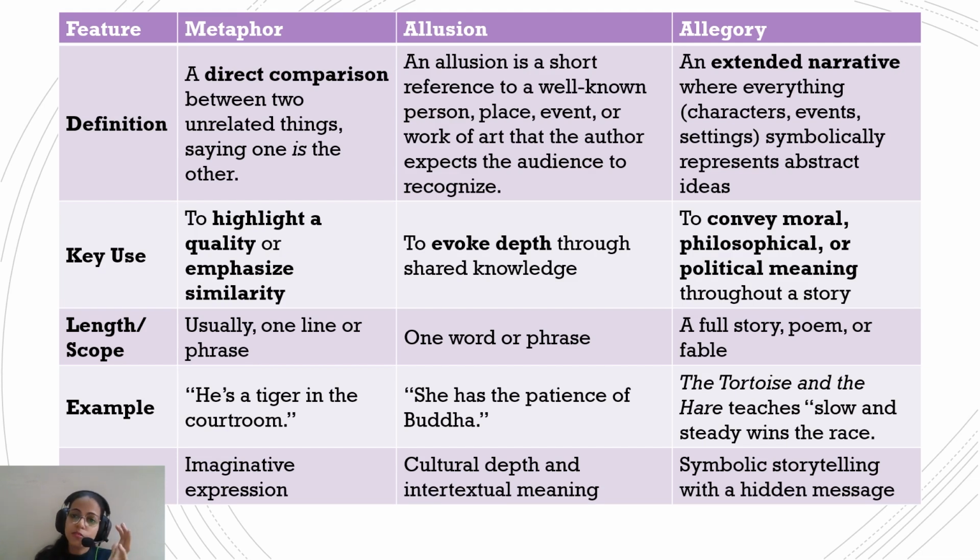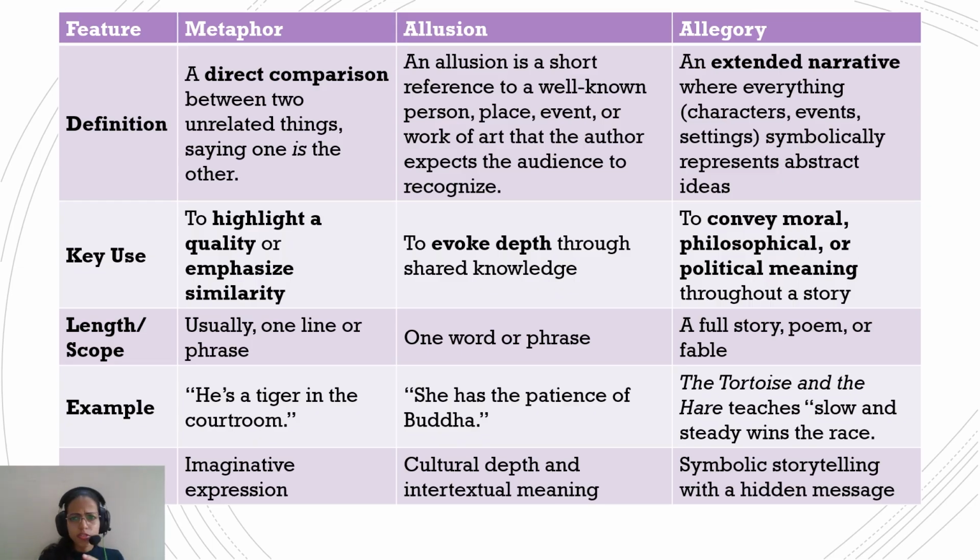Now, what is allegory? An allegory is an extended narrative where everything, character, event, setting, symbolically represents an abstract idea. So allegory is often relatively longish. It is not in one statement or two statements. They are often in the form of a story. It is meant to convey some moral, philosophical, or political meaning throughout the story.